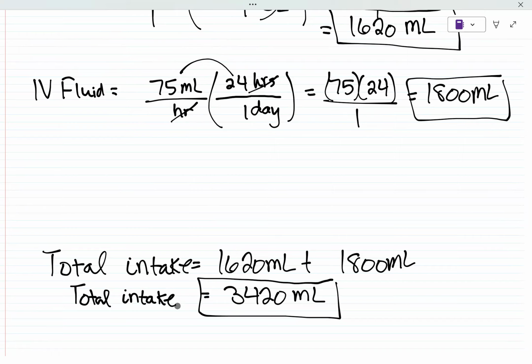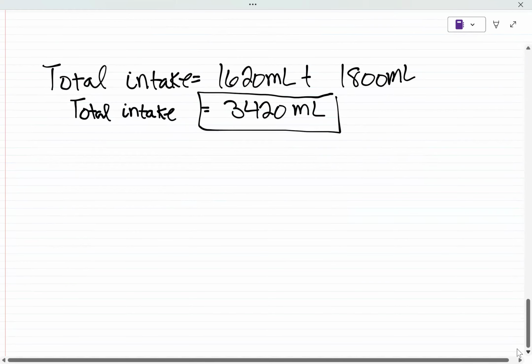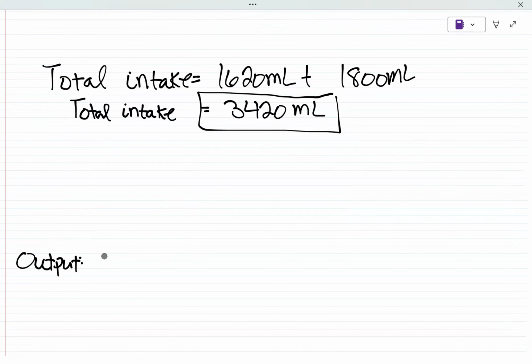Now let's talk about the output. We had an output of urine, chest, and wound, right? So for urine, one was 700 milliliters at 1100 o'clock, 300 milliliters at 1300.